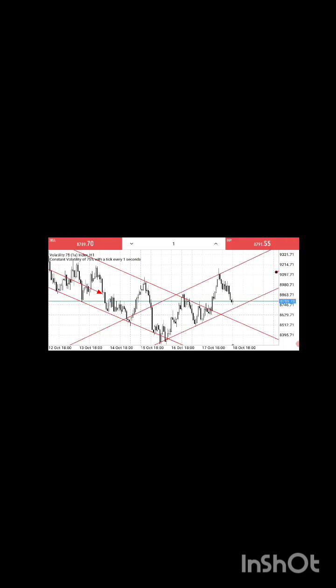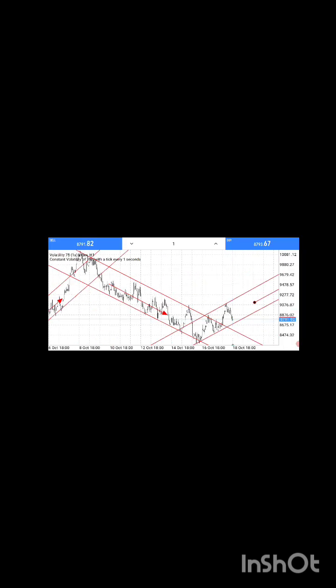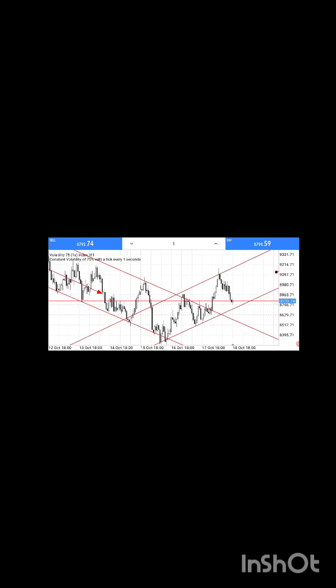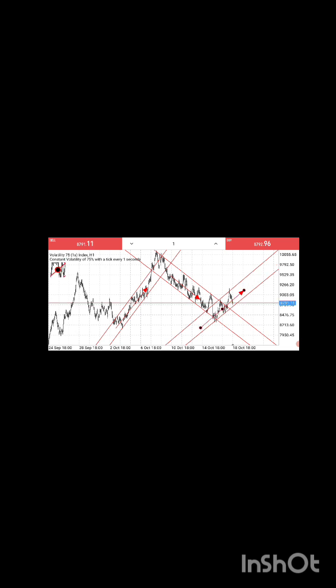We step down to the 1 hour time frame, and when we step down, you see that every upward plan means the overall direction of the market is upwards, and every downward plan, the main direction of the market is downwards.